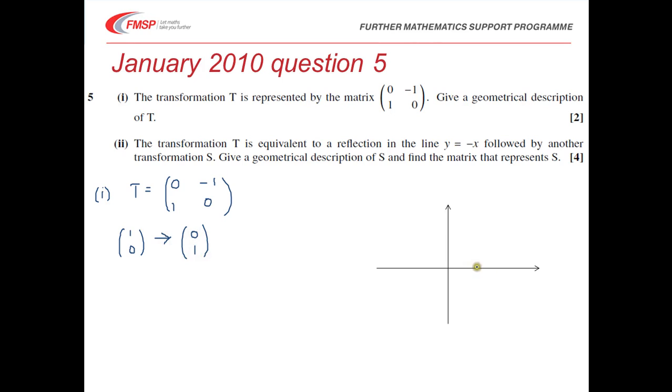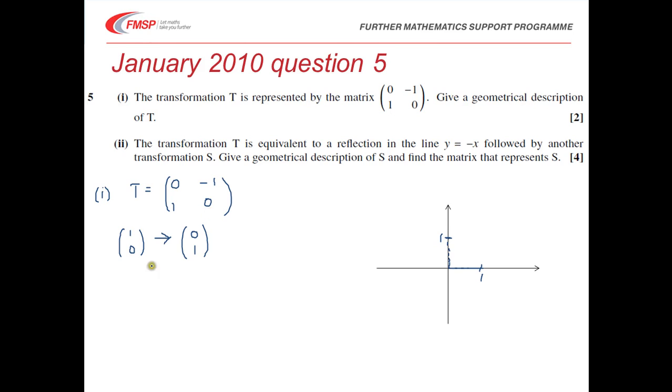So if we look here, that means that this point and this line will now map on to the vector 0, 1. So we might at this stage suspect what's happening, but we'll just check.